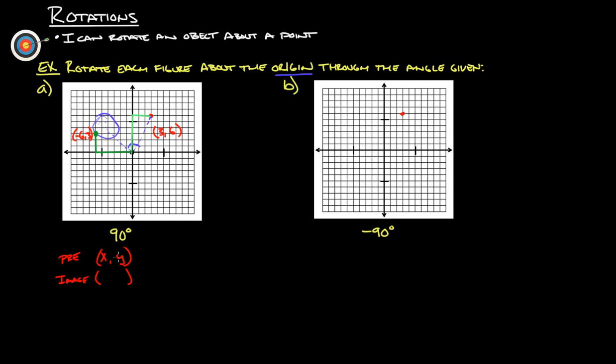The x was 3, that turned into the y, and the y was 6, that ended up in the x spot, but not 6, but y, and it ended up being the opposite of that. So the x's and y's swapped, and it just so happened that the y also turned into a negative. So we went 90 degrees, x's and y's swapped. That's kind of the key idea to look at there.